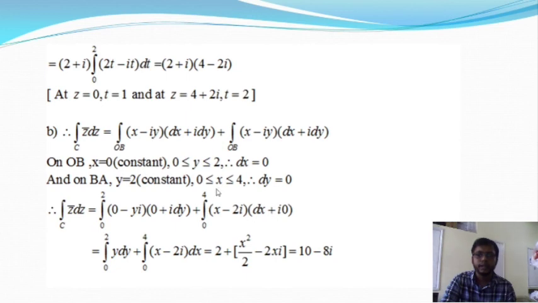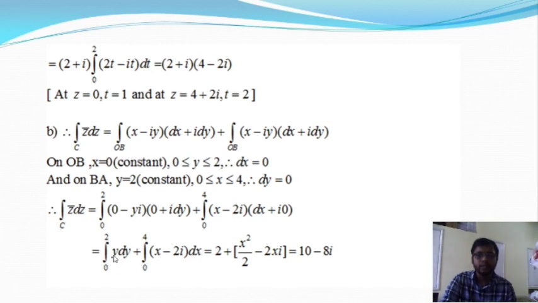This is the second integration. From the first integration we will get the integration over 0 to 2 of y dy, and from the second integration it will be 0 to 4 of (x − 2i) dx, after simplifying.